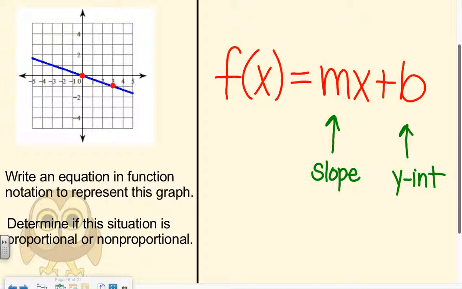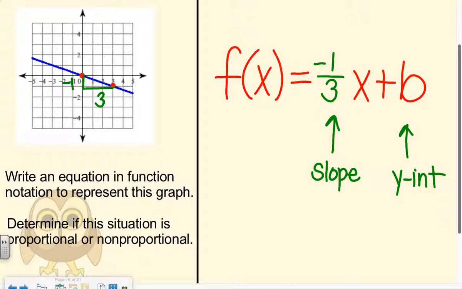So if I count my rise and run from the dot furthest to the left, I go down 1, so -1, and run 1, 2, 3. So down 1 over 3.